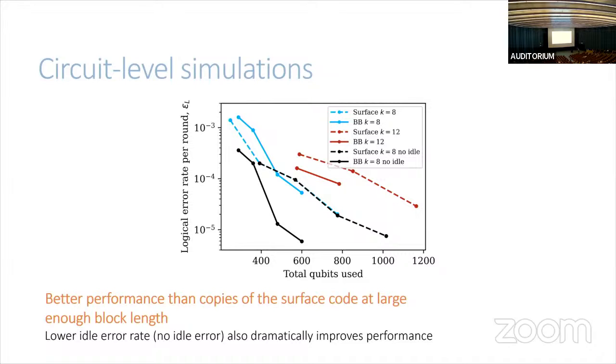And if we scale up the number of logical qubits to 12, then they immediately start performing better. And like I said before, the main drawback for the scheme is the long circuit depth. So if we have error rate that is lower, or in this case, no error rate, then we see way better performance out of the BB codes than the surface codes.